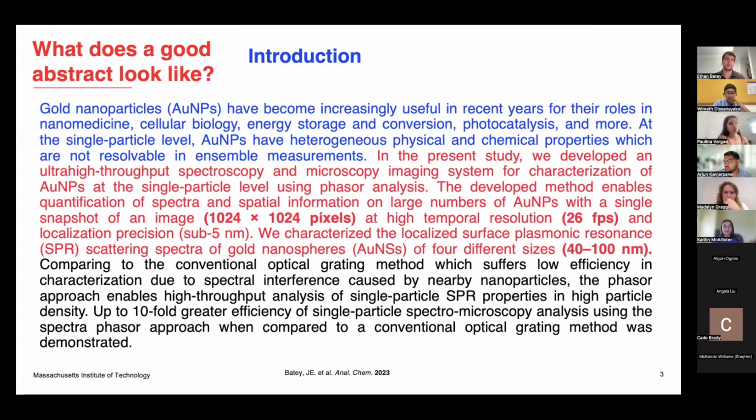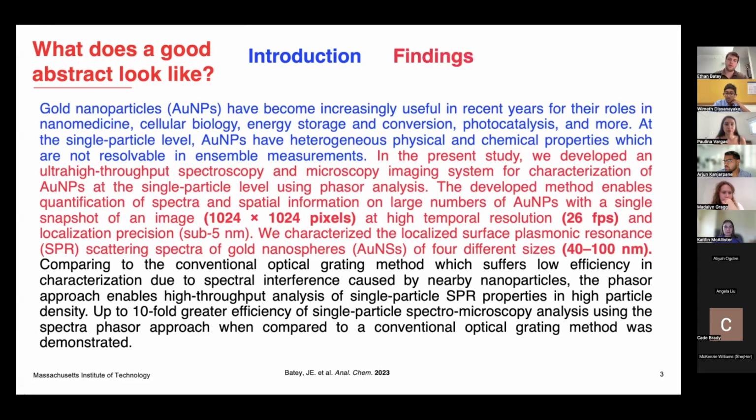At the single particle level, gold nanoparticles have heterogeneous physical and chemical properties which are not resolvable at ensemble measurements. So this outlines why what we want to study is important. So here the author said gold nanoparticles are important and they're used in this discipline, this discipline, this discipline. However, there is a problem because they're not resolvable in ensemble measurements.